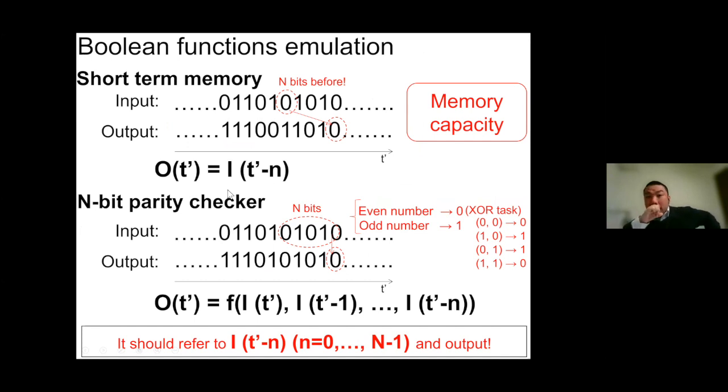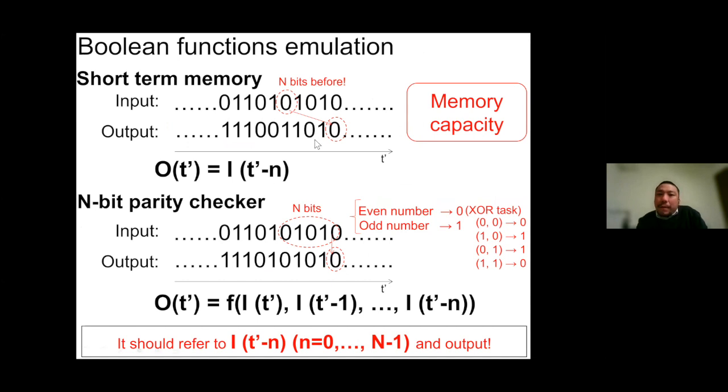The first one is the short-term memory task. This means that by using the reservoir, you need to reproduce the previous input. So you can directly check whether the current state of the reservoir has a memory of the previous input.